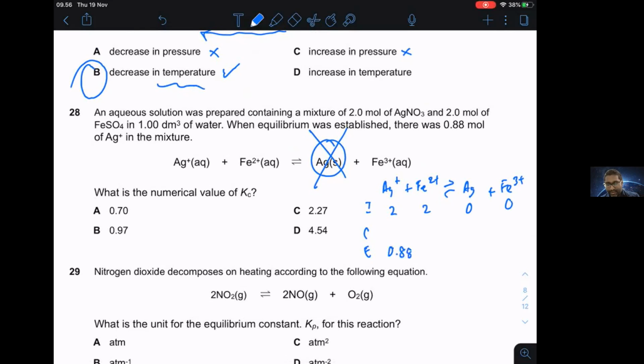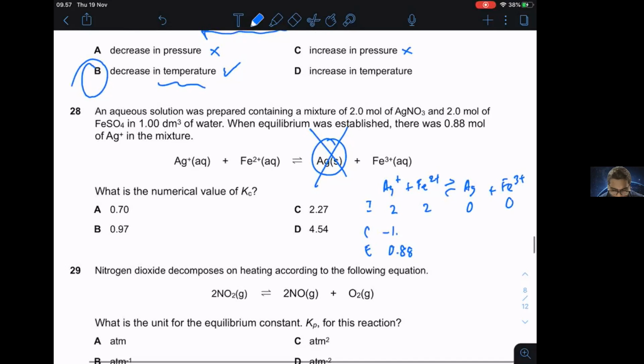From 2 to become 0.88, there is a decrease of 2 minus 0.88, which is 1.12. The ratio is 1 mole to 1 mole, so the other reactant is also minus 1.12.